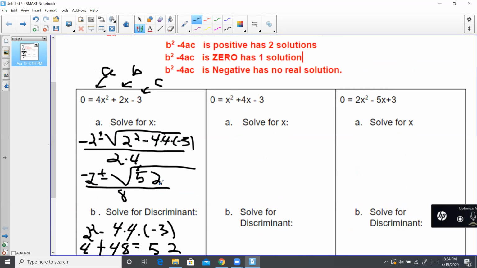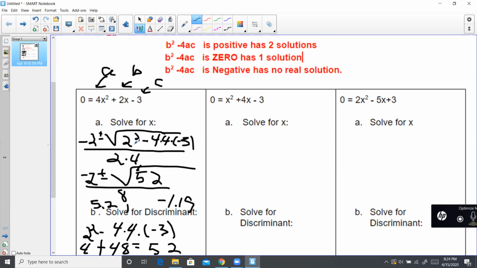It's going to be negative 2 plus the square root of 52, which is roughly 5.2, and then negative 2 minus the square root of 52 divided by 8, and that ends up being negative 1.15 actually.